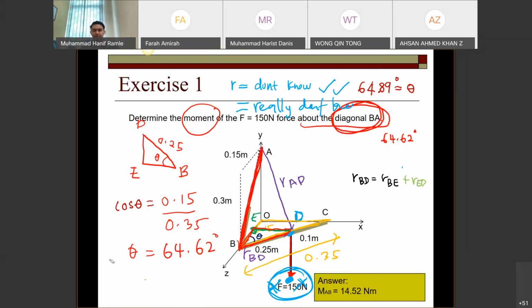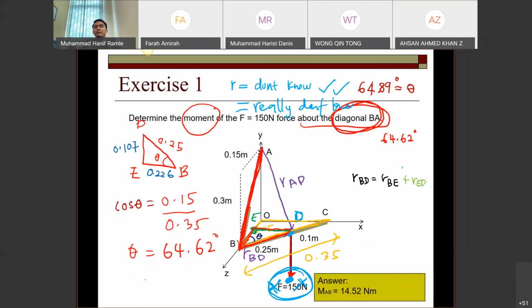Doctor, for ED, I get 0.226. ED? 0.107. Okay, can someone else check the answer?